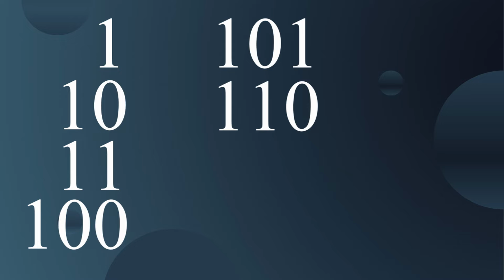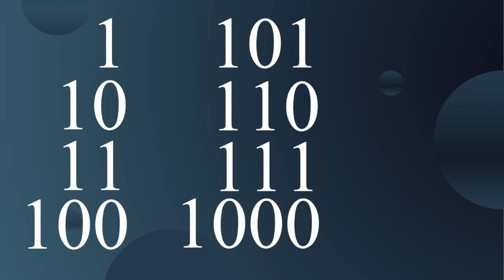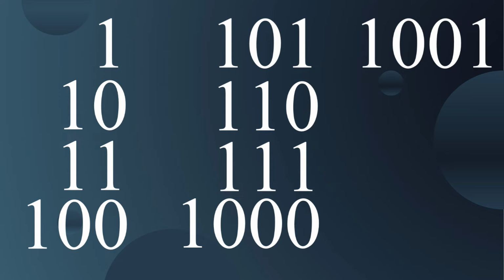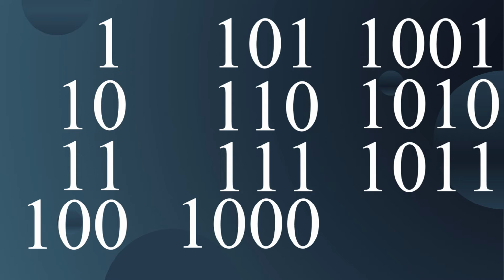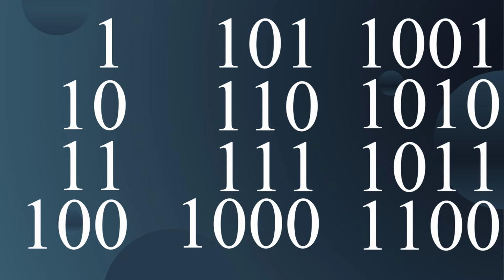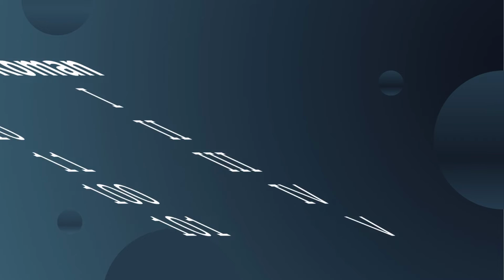Let's just count to 12 in binary so we can see exactly what it looks like. 1, 2, 3, 4, 5, 6, 7, 8, 9, 10, 11, 12. Let's compare base 10, Roman numerals, and binary when counting to 5, so you can compare the differences.